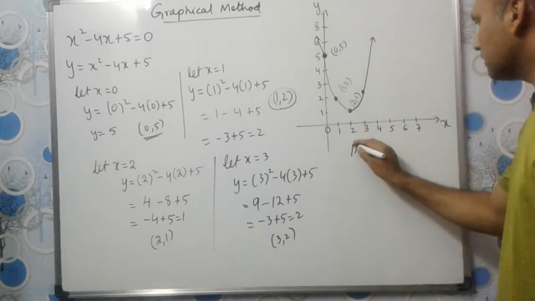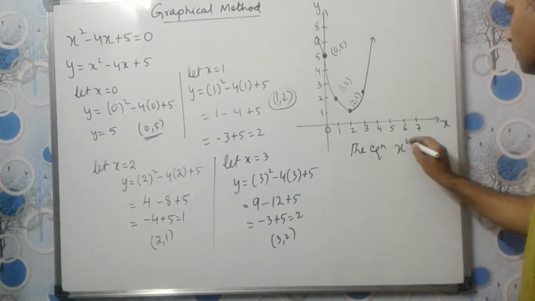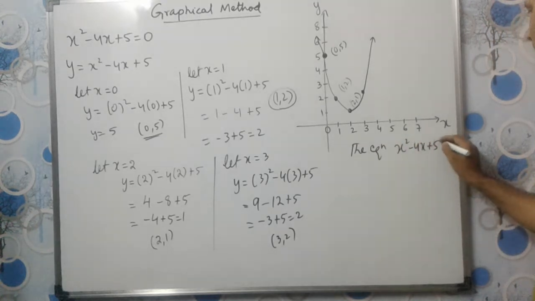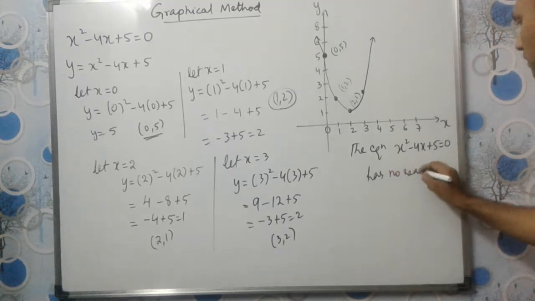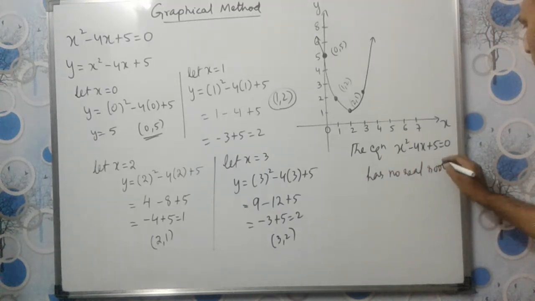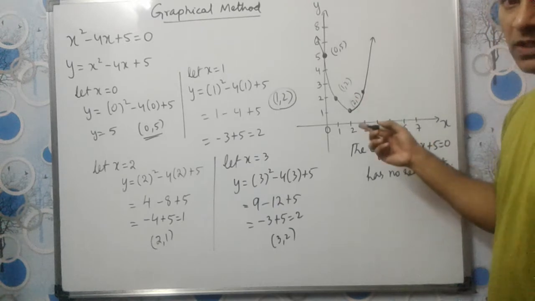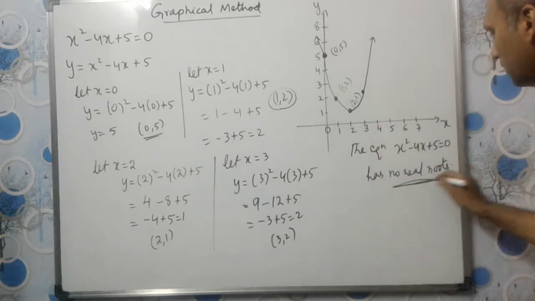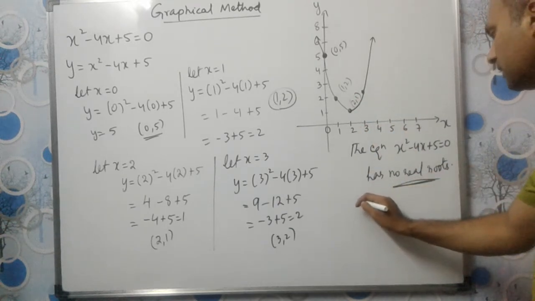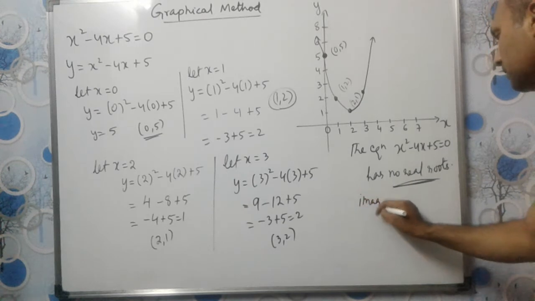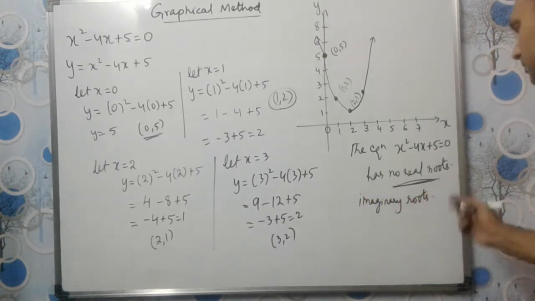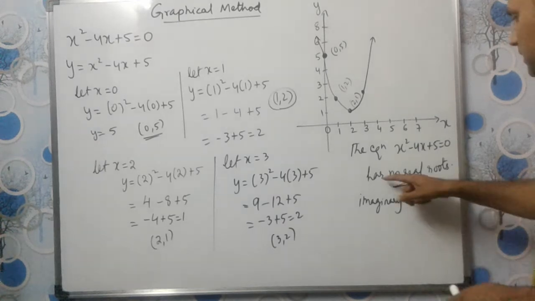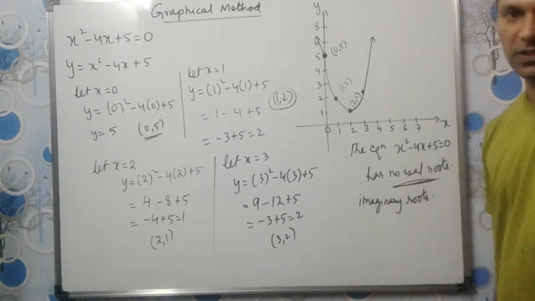The equation x square minus 4x plus 5 is equal to 0 has no real roots. It will have two imaginary roots but no real roots. Okay. So you can write either no real roots or it has imaginary roots.